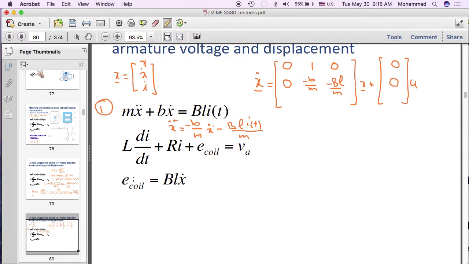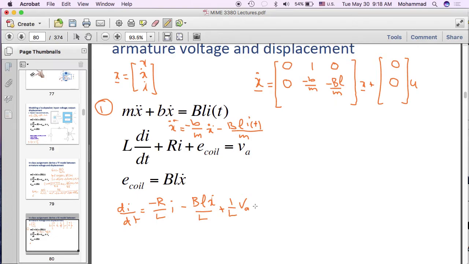And according to this equation, di over dt is equal to minus R over L times I minus BL x dot over capital L plus 1 over L times V of A, which is input. Yes? That'd be positive B L over M.